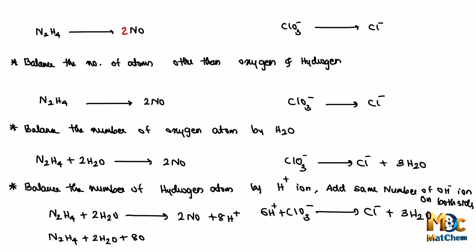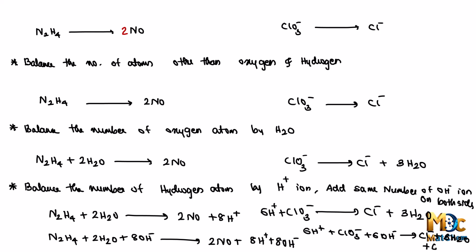So we will be adding 8 OH minus, giving 2NO plus 8H plus 8 OH minus. Here we have added 6H plus ions, so we need to add 6 OH minus ions to both sides of the equation. So 6H plus, ClO3 minus plus 6 OH minus gives Cl minus plus 3H2O plus 6 OH minus.